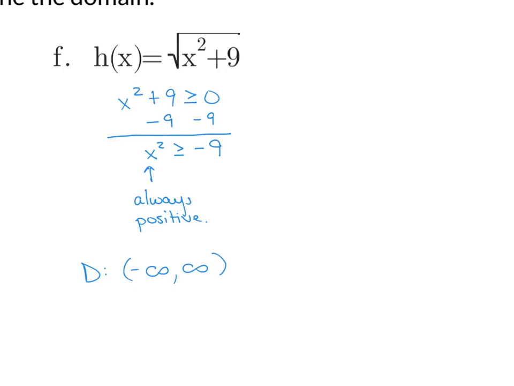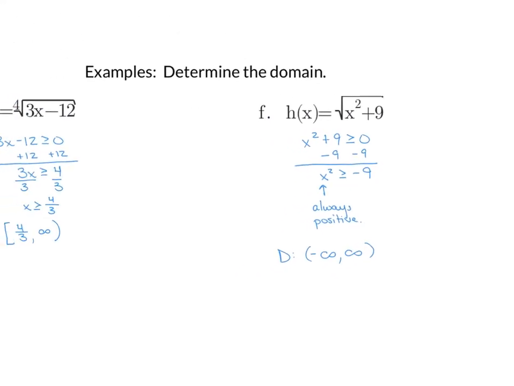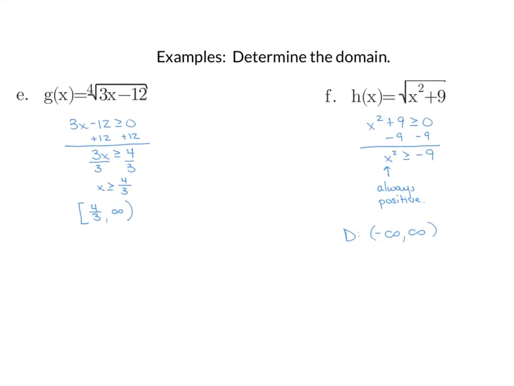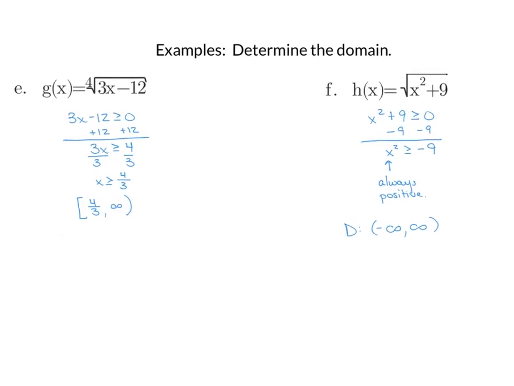For examples like this, it gets a little bit more complicated in terms of graphing them and finding the range, so we are not going to worry about that at this time. Alright, so that takes care of domain, range, and graphs of radical functions.